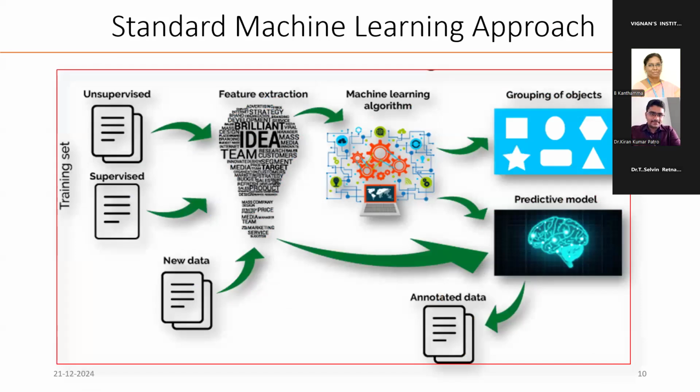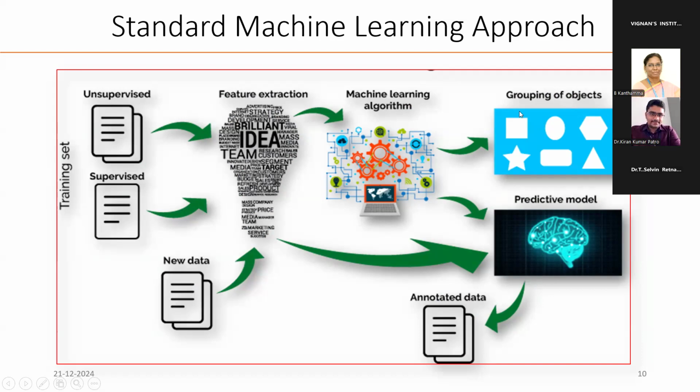Coming to the standard machine learning approach, suppose we have data, either supervised or unsupervised. You have to extract the features from the data. Features are nothing but useful information. You should extract only the useful information from the data manually. That is called feature extraction. The extracted features you give to your machine learning algorithm, and the algorithm will group your objects.